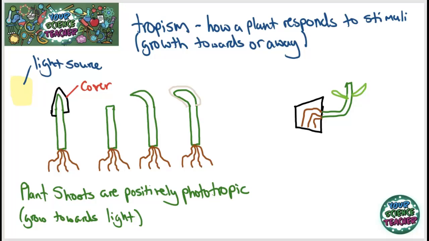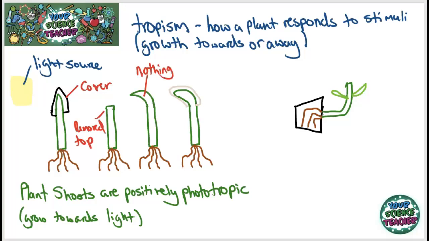This plant cannot respond to the light source due to the fact it's got a black cover on, and therefore it just grows straight up. Here I've removed the top of my plant. Here I've done nothing to it, it's just exactly the same.